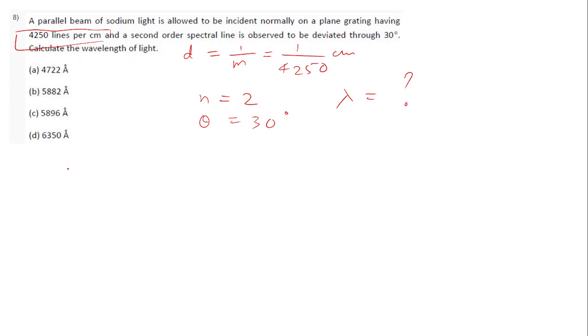Okay, we know the condition for maxima. Grating element times sine theta is equal to n lambda. Grating element is 1/4250 centimeter. Sine is sine 30 degrees. Order, we want second order. Wavelength we need to find out.